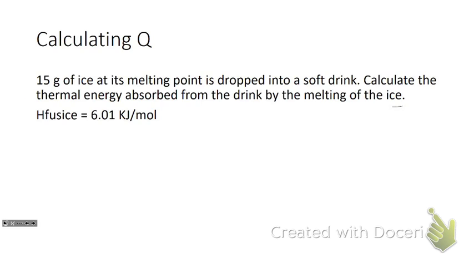It's melting, so it's going from a solid to a liquid. Think of the ice like fusing into the shape of the cup. So we're going to use our heat of fusion formula. So Q is equal to N times heat of fusion. That's our formula.